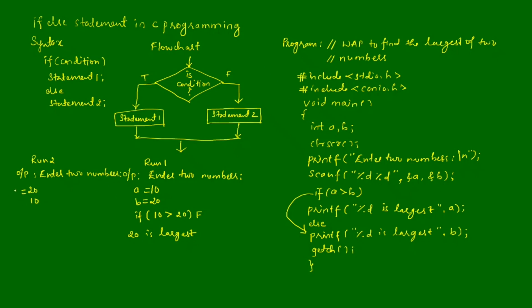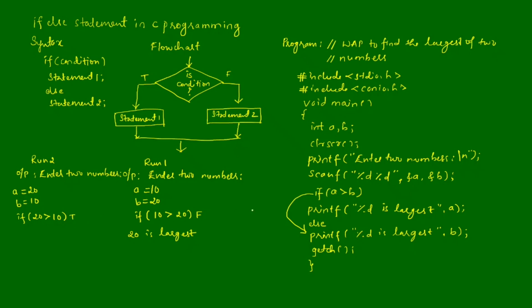Here you can see the first number 20 is initialized to a and 10 is initialized to b. Now we are going to check the if condition. If a is greater than b, here you can see a is what? 20, greater than b, which is what? 10. Whether it is true or false. Yes, 20 is greater than 10.